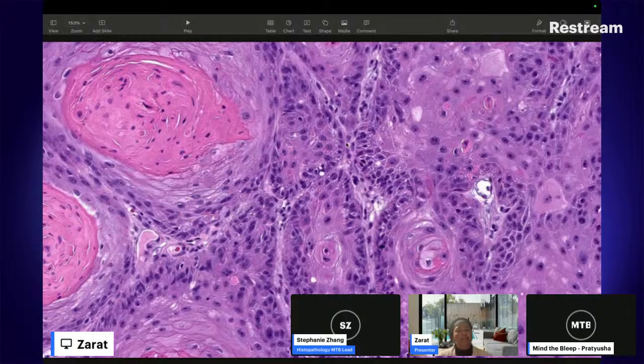They are very haphazard everywhere. And if you look at the nuclei, some of them are round, but not all of them. Like here, they're more elongated. You can see some are darker. And you can even see some mitotic figures. It's a bit hard to see here, but there are some mitoses here as well.